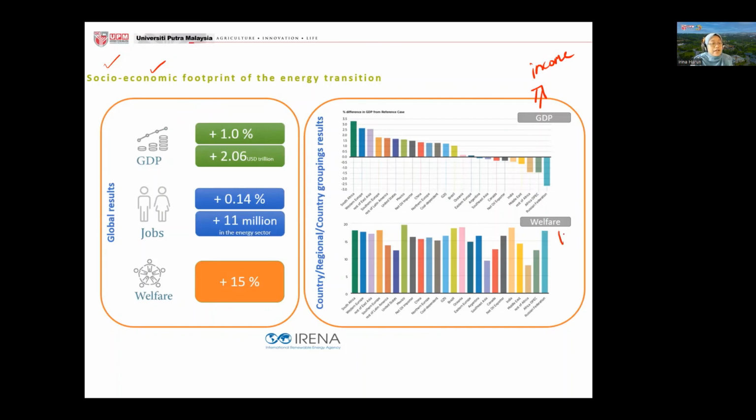In terms of welfare, this is in terms of the social. So through the energy transition, it actually showed a positive impact in terms of the social economy: the GDP increases, it creates more jobs, and the welfare resulting from that is also increased.